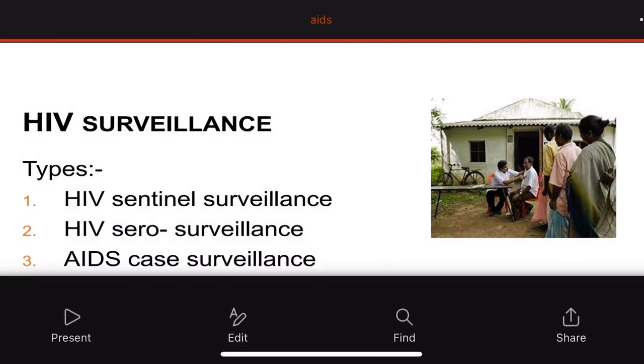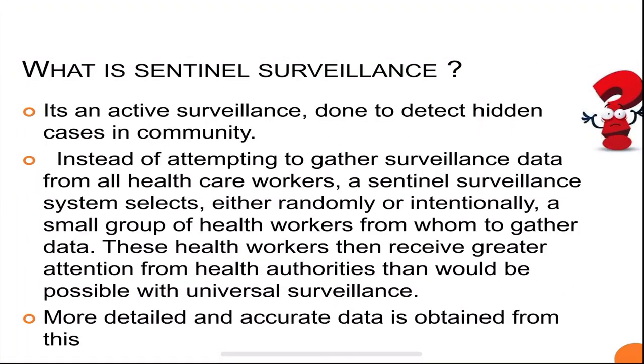Moving further, what is sentinel surveillance? Sentinel surveillance is done to detect the hidden cases in the community. The main objective of setting up a sentinel surveillance is to detect the hidden cases in the community.